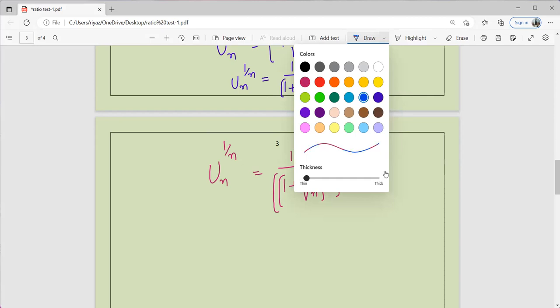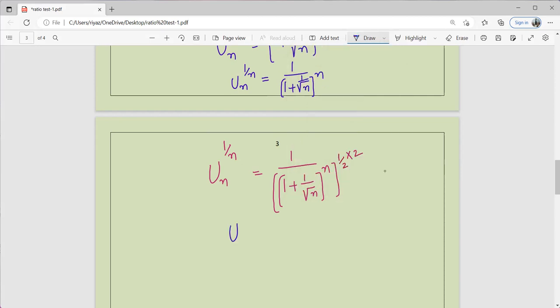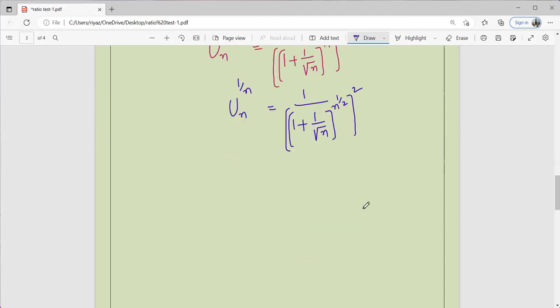That is, un to the power of 1 by n equals to 1 by 1 plus 1 by root n whole to the power of n. Write root n or n to the power of 1 by 2, same meaning. We can multiply this power and write n to the power of 1 by 2 and whole square. What is the meaning of n to the power of 1 by 2?